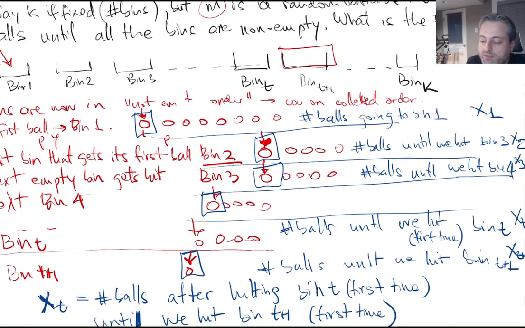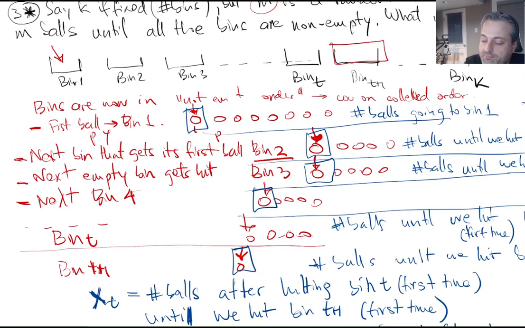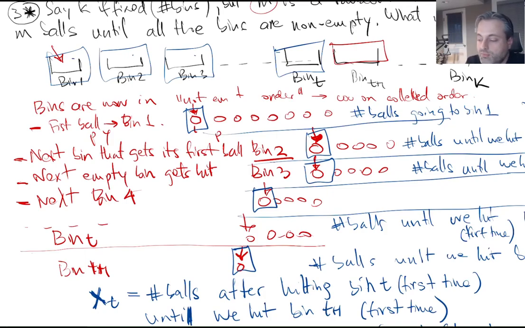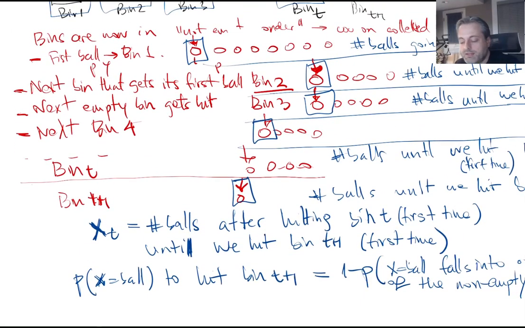Because I'm at the point where I have balls in every one of these bins, and as long as I put balls in those, I'm not advancing, I'm not filling a new bin. But as soon as I hit this one for the first time, that's an advance. So the probability of this is exactly, of course, 1 minus T, since I have T bins already non-empty, divided by how many bins are in there, because it's a uniform probability.